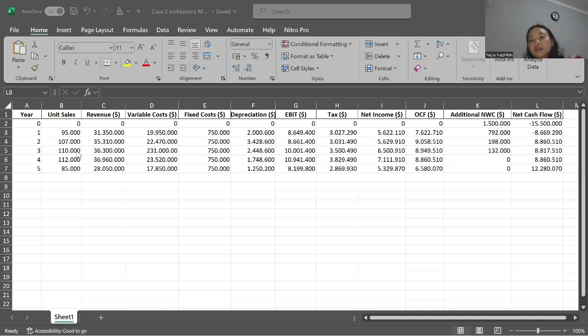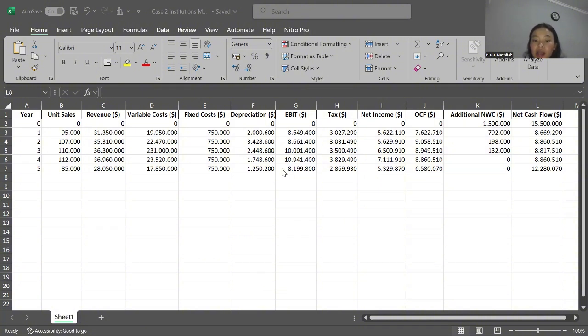The unit sales in fifth year is 85,000, and the revenue is $28,050,000, and variable cost is $17,850,000, and the depreciation is 14 million times 8.93%, and we got $1,250,200.